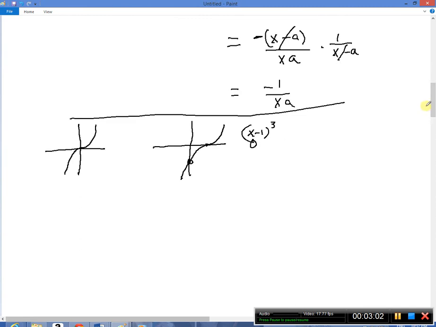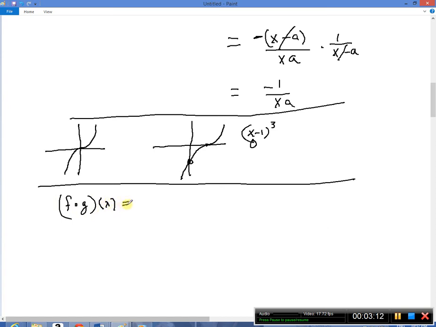Number 3 has you compute the composition of two functions. So we have to compute f circle g of x, which always means, by definition, f of g of x. In this case, f of x is the square root of x, and g of x is a bit more complicated. It's the cube root of 1 minus x.